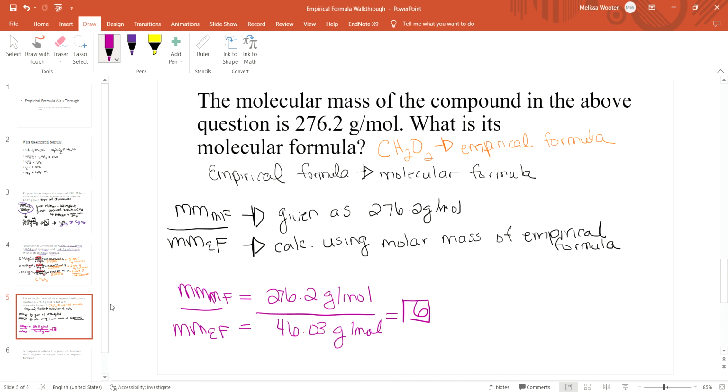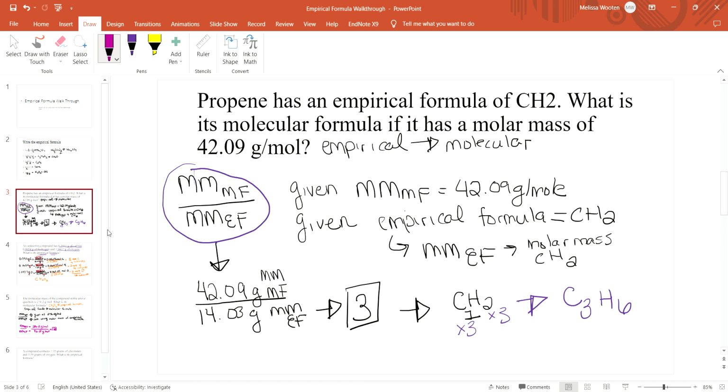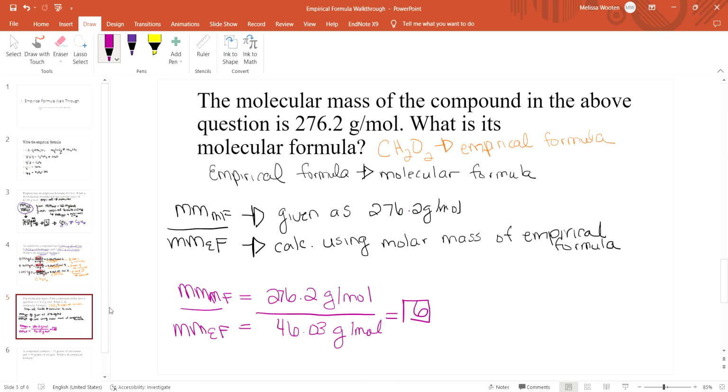What do we do with this number? Remember, in this problem, when we got this number, we multiplied our subscripts by that number. So our empirical formula was CH2O2, and we're going to multiply each subscript by 6. So remember, the 1 is implied here, right?